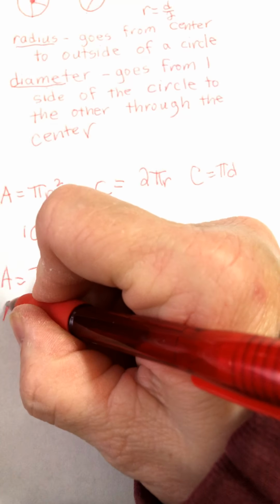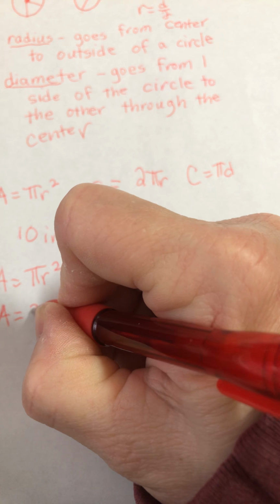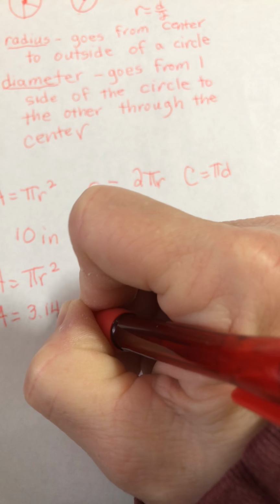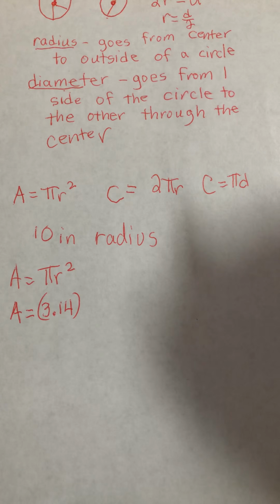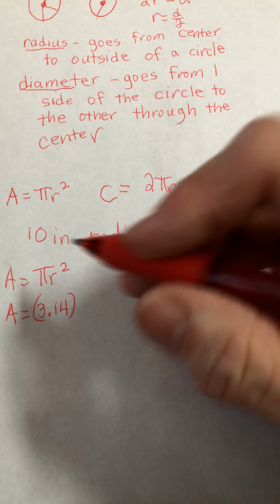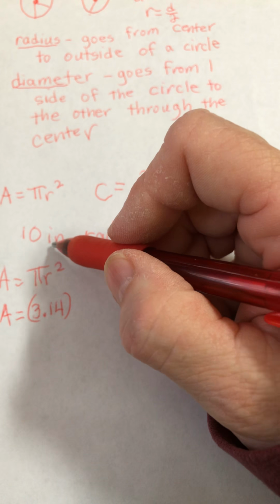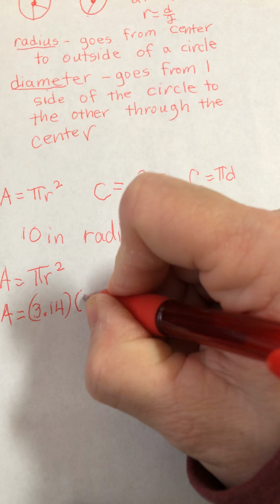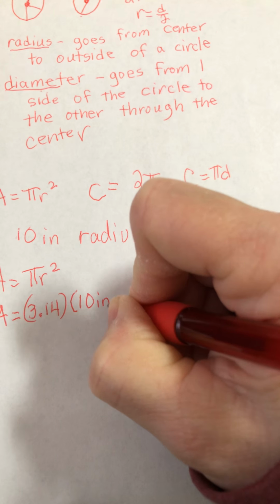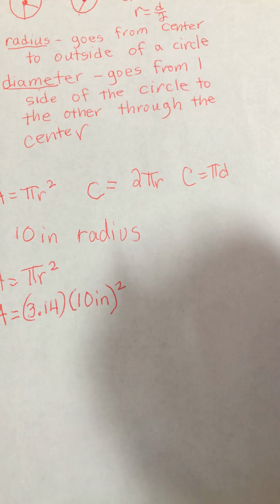So I'll say area equals 3.14. Notice that I'm putting it in parentheses because it's easier with decimals to use the parentheses to indicate multiplication. Now, r squared, my radius is not just 10, it's 10 inches. I'm going to put the units inside here. And that whole thing is squared.